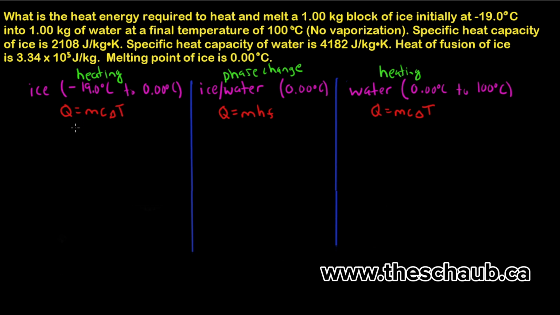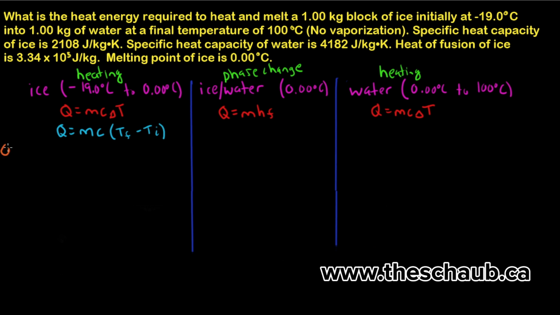So we start by solving for the heat energy required to bring the ice from a temperature of negative 19 degrees Celsius to 0 degrees Celsius. And Q is equal to mc delta T, and the change in temperature is equal to temperature final minus temperature initial.